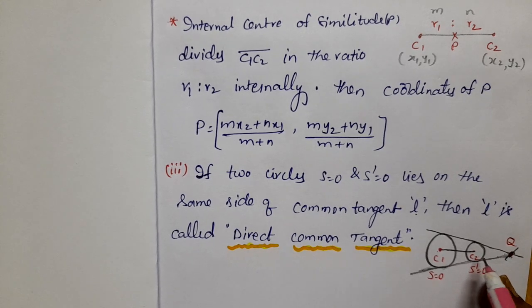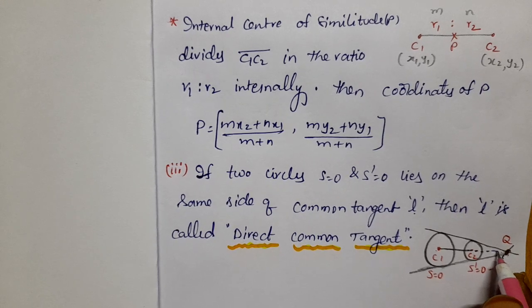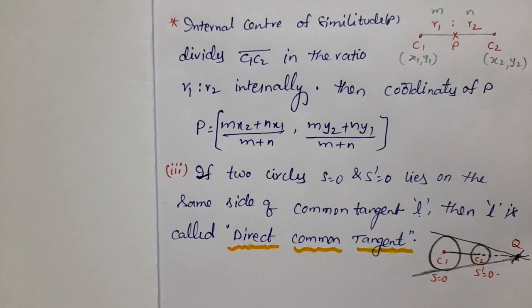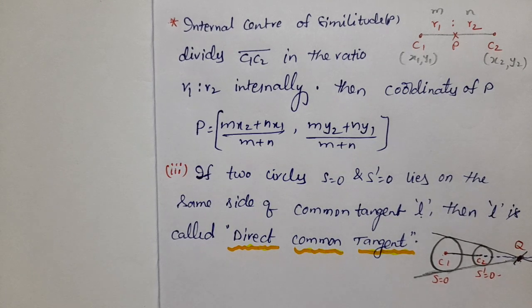If we prolong this C1 C2 line like this, then Q lies outside the C1 C2 line.